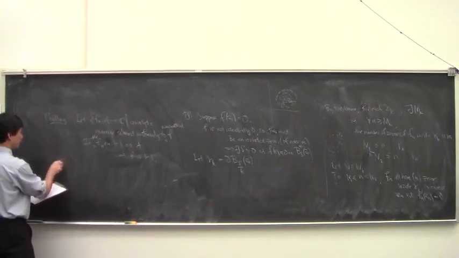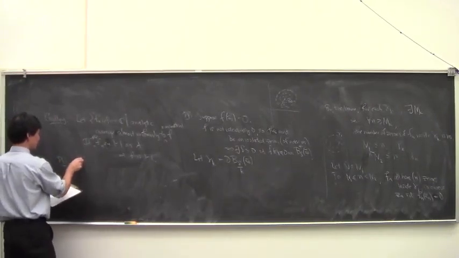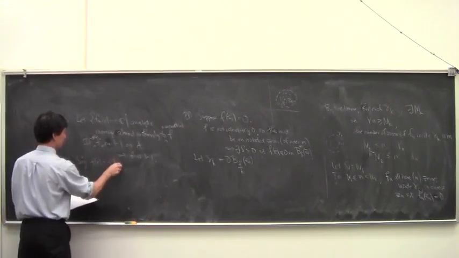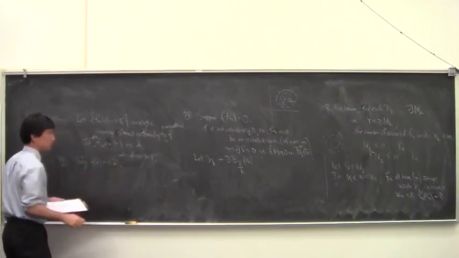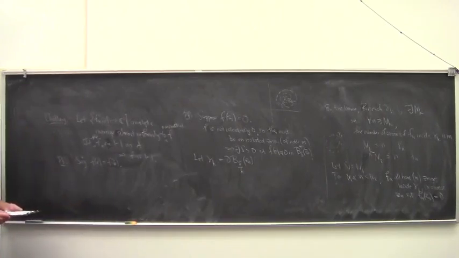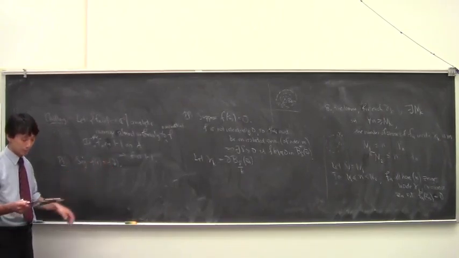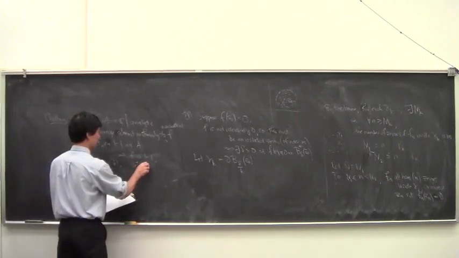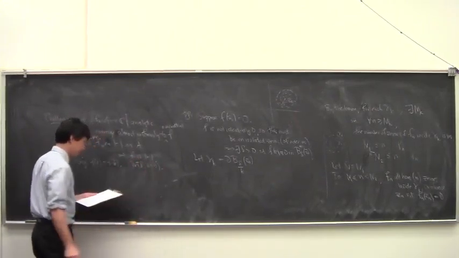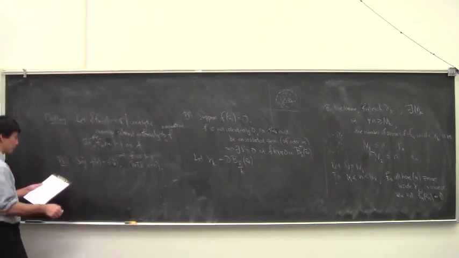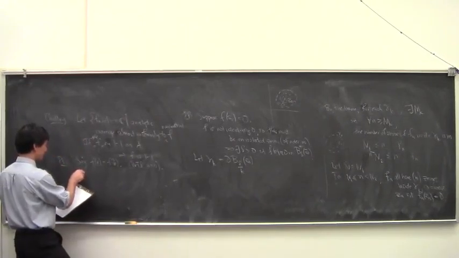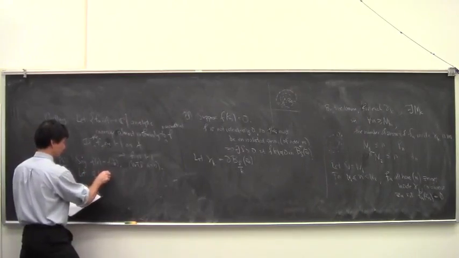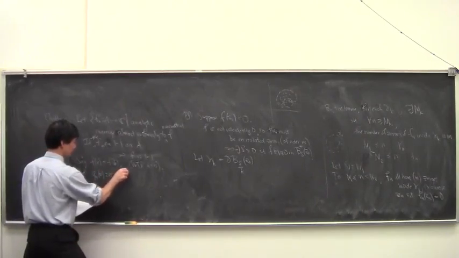So here's the proof. Say f of a equals f of b. So suppose there are 2 points that end up with the same value. We want to show that a must equal b, of course. So let G sub n of z be f sub n of z minus f sub n of a.